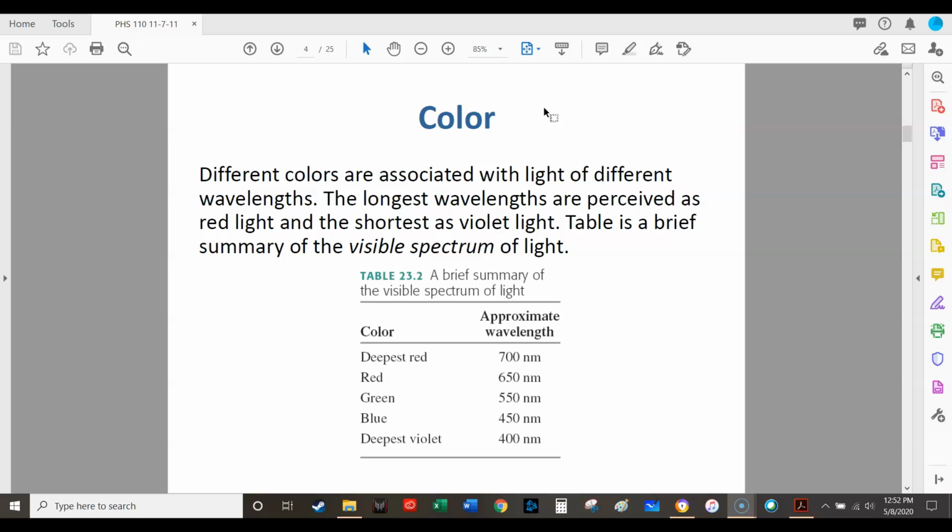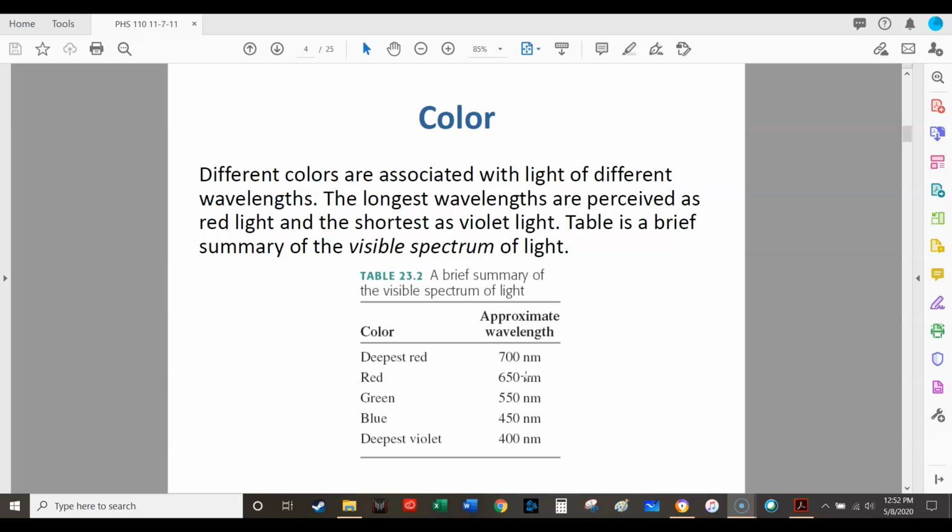But to review, we have to know what color is again. So we've got the wavelengths of color here for the vacuum wavelengths. So red, we have to make a note that red is 650 nanometers. I'm going to write that down right now just to remind me, because we're going to be comparing a lot of red to blue, which is 450 nanometers.